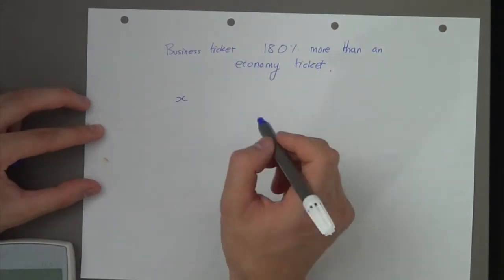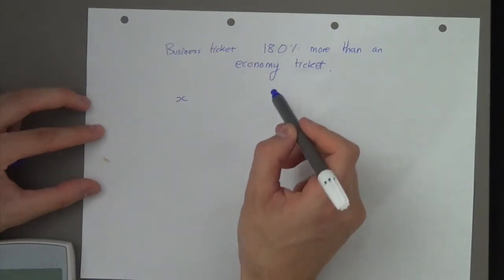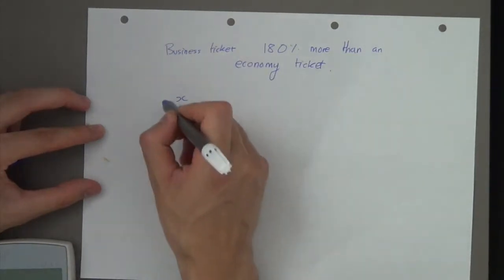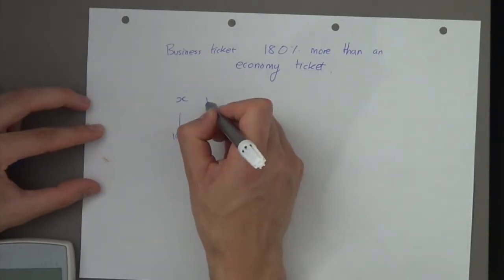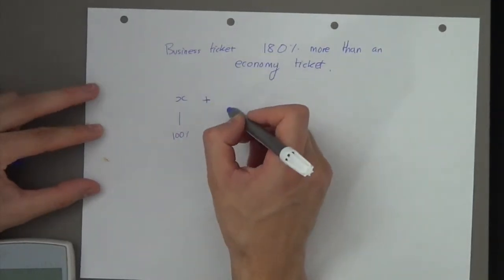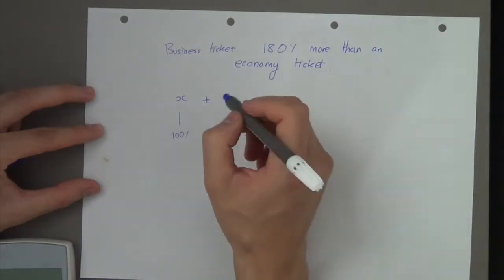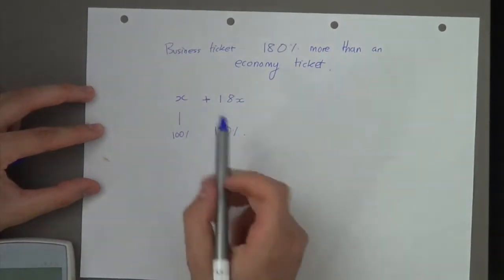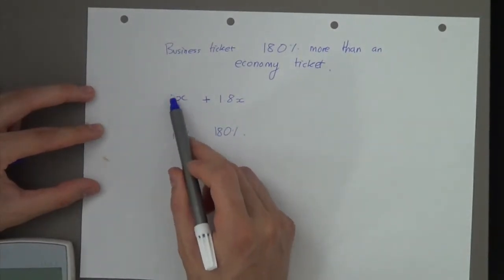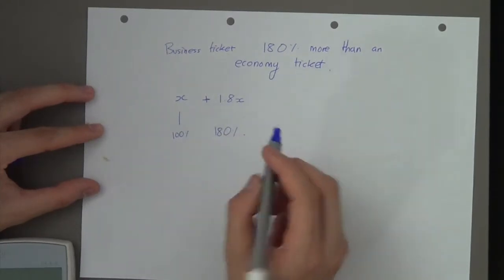We know that the business ticket is 180% more than the economy ticket. So that means if this was 100% of the economy ticket, okay, we actually need to add another 180%. So 180%, I'm going to do 1.8x, okay? So remember, my coefficient of 1 means 100%, therefore my 180% will be 1.8x.